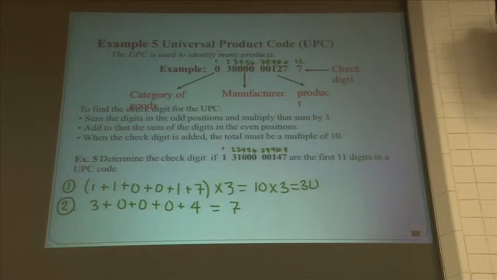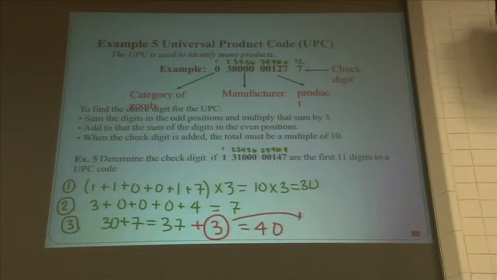Okay? So for step 3, when the check digit is added, the total must be a multiple of 10. Well, so far we've got 30 plus 7 gives us 37. The next multiple of 10 up would be 40. So you have to add 3 to get 40.